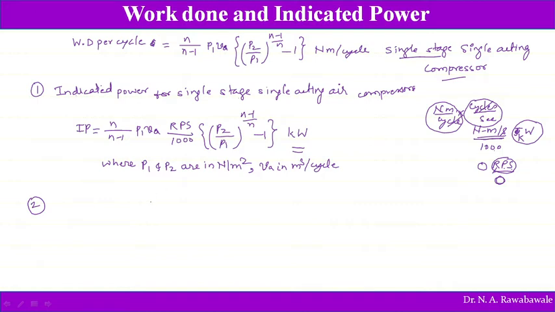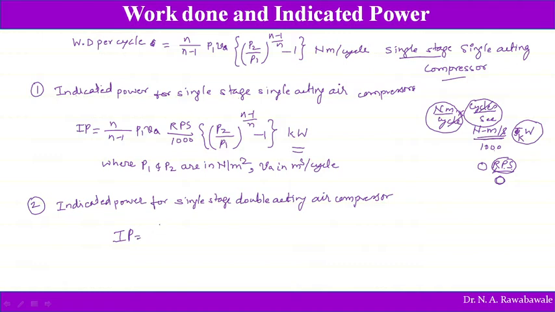Now second, indicated power for single stage double acting air compressor. This is given as indicated power IP is equal to... double acting means air is compressed on both sides of a piston. When piston moves towards right, air is compressed on this side.